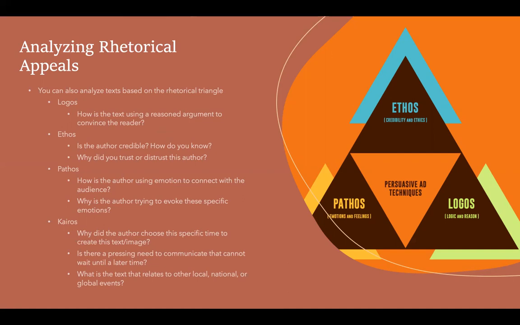Definitely there was a market for that type of artwork given everything that was happening in the world, or still is happening in the world. Is there a pressing need to communicate that cannot wait until a later time? What is the text that relates to other local, national, or global events? So lots of things to think about as we're analyzing some of the writing that others are doing, and the writing of your peers this semester.